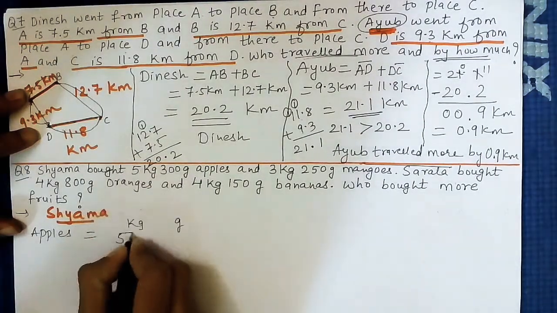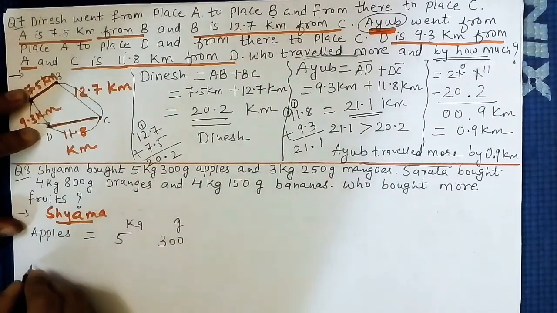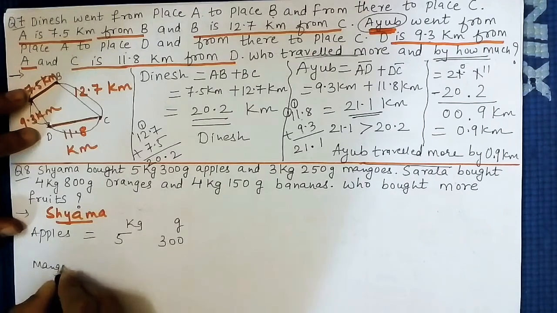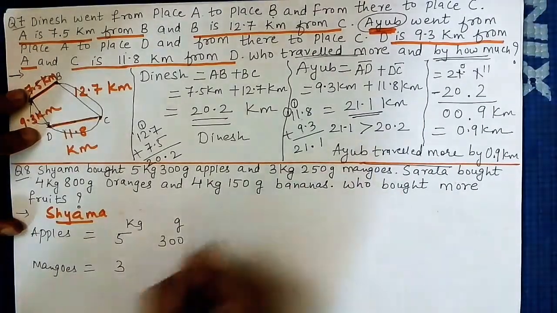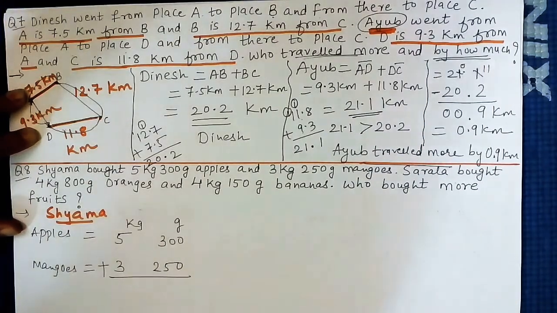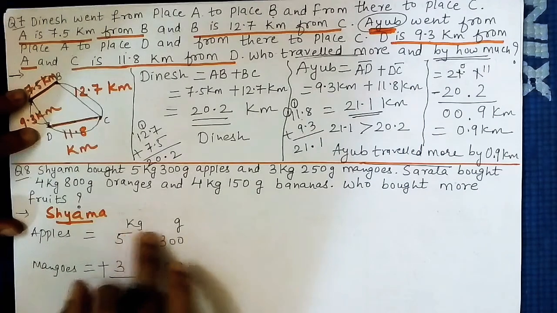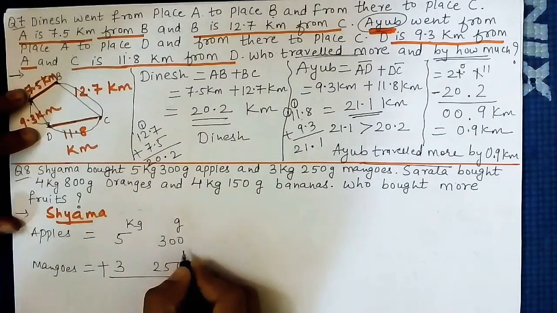So here 5 kg and 300 gram. And then mangoes. She brought mangoes and that is 3 kg and 250 grams. So now you can add up like this. In column you can add kilogram and gram separately or in a simple way also you can add. Any method you can use.